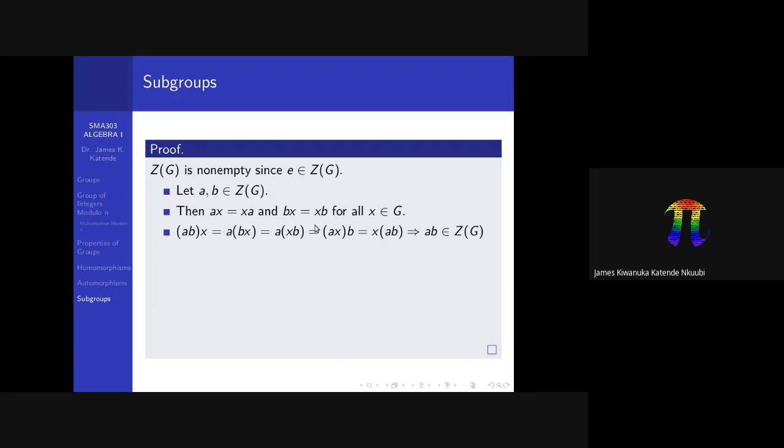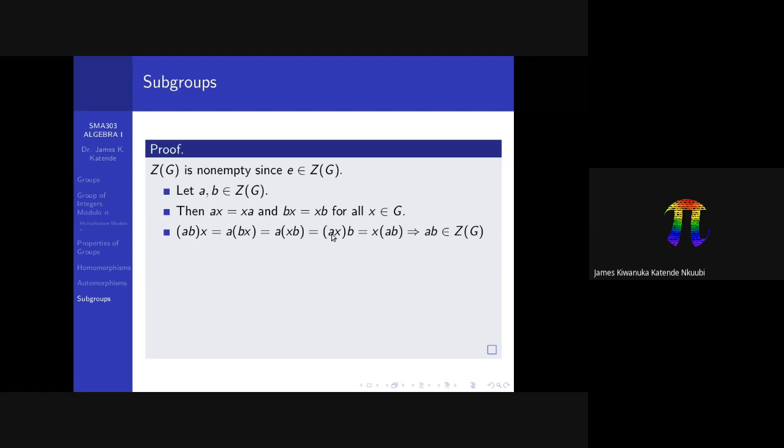So let's check what will happen to the product. We need to check if two elements are in the center, will their product also be in the center? How do we check if they're in the center? We check if they commute with any other element in G. So if you multiply the product AB by X, because of the associative property, I can put my brackets anywhere. Since B is in the center, BX will be equal to XB. Again, I can shift my brackets anywhere because of the associative property.